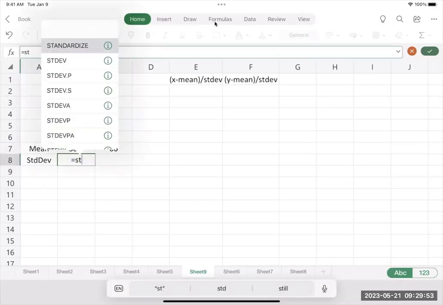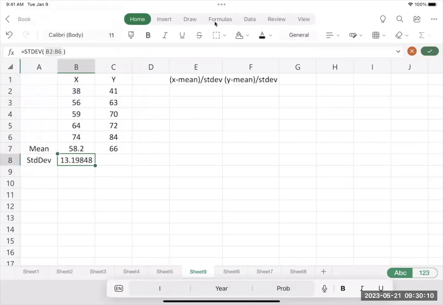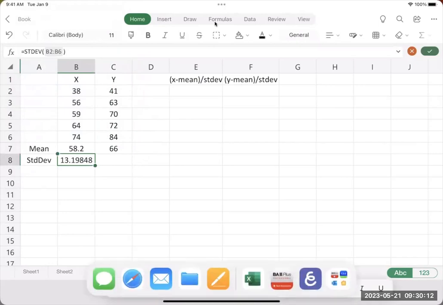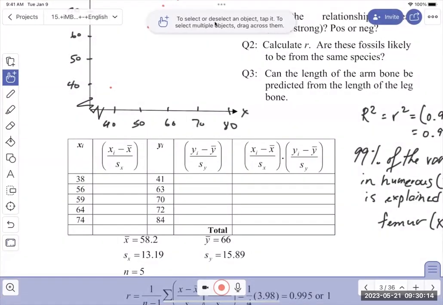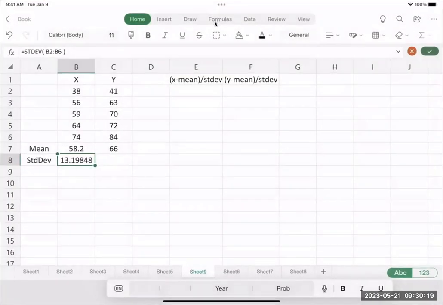Now there's many options in Excel for standard deviation. Notice there's a P and an S. P for population, S for sample. You want to use the sample calculation, and by default, this one calculates the sample standard deviation. I think that's correct. All right, so mean, standard deviation.